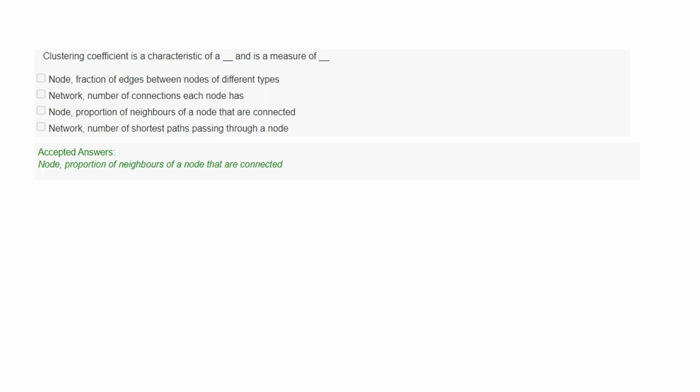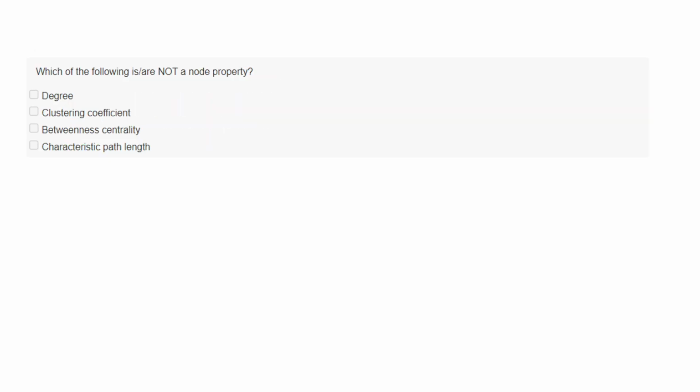So if you are measuring the clustering coefficient of A, and A is connected to B and A is connected to C, the clustering coefficient is measuring if B and C are connected or not. So it is the proportion of neighbors of a node that are connected. Okay, moving on to the next one.